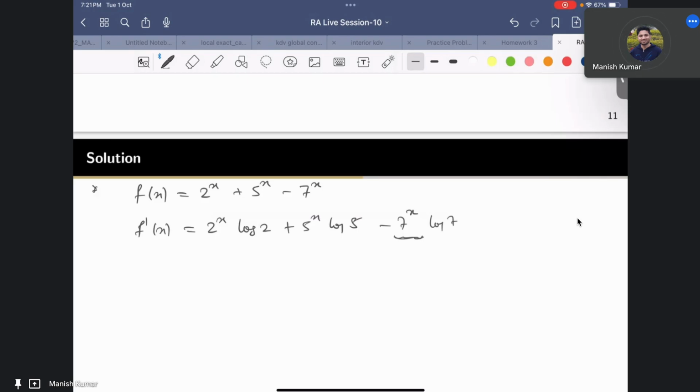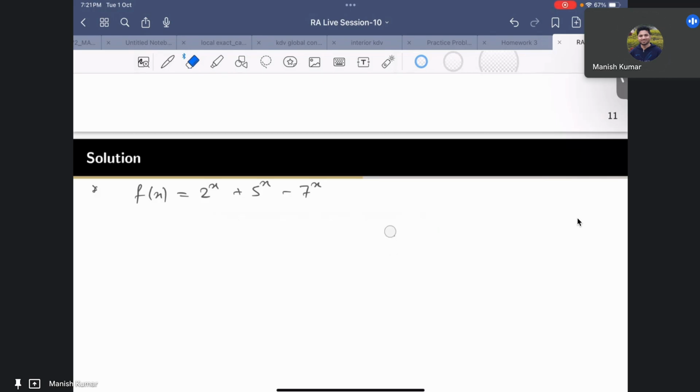I know ultimately it will become negative, but how do you argue this? Here I cannot simply do 2 plus 5. Maybe let's try with this other function. Here I can say 2 plus 5^x, but again I cannot compare it. Okay, so let's try with another function then.